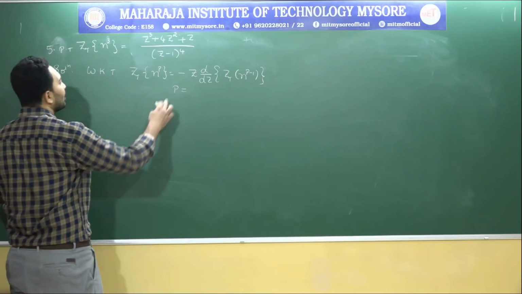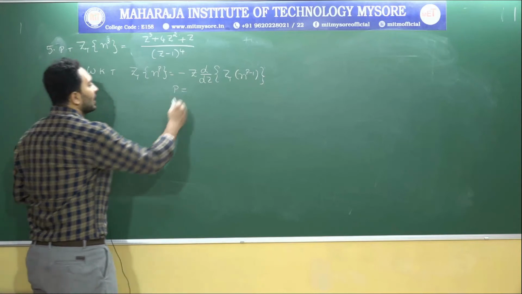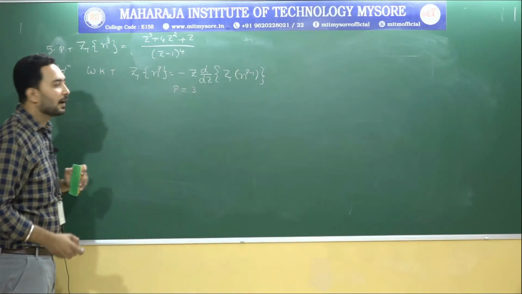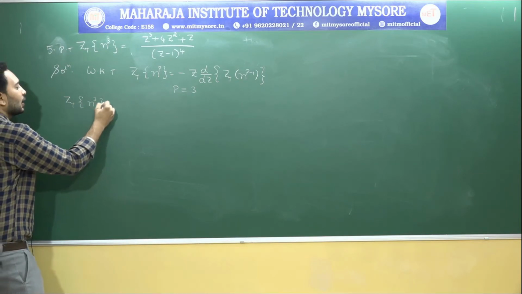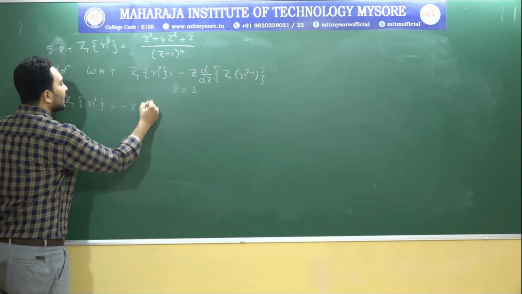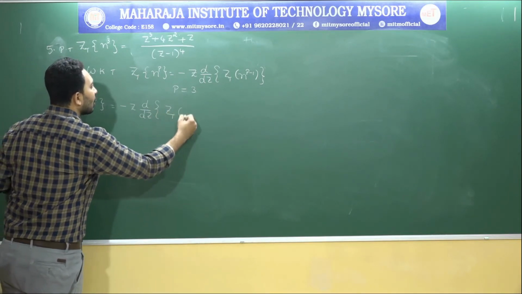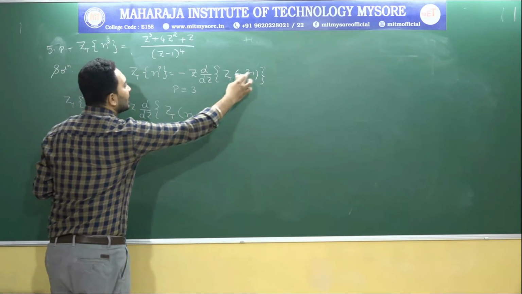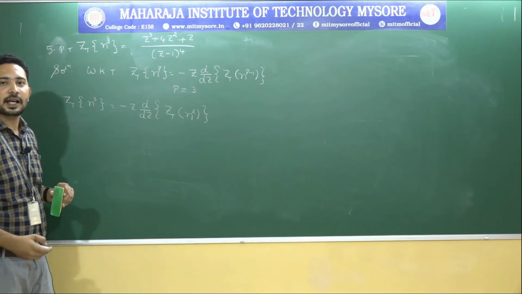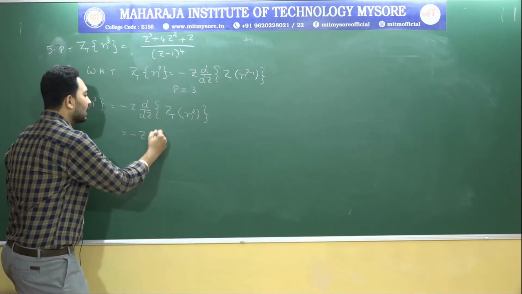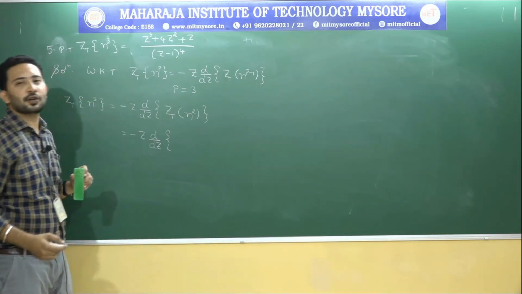Again replace p by 3, since here we have n power 3. We'll get the z transformation of n cube is minus z d by dz of the z transformation of n power 3 minus 1, that is 2, z transformation of n square, minus z d by dz into z transformation of n square.